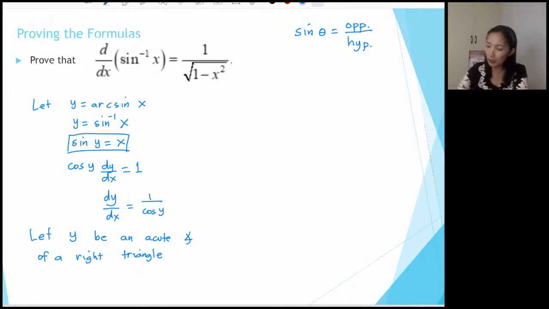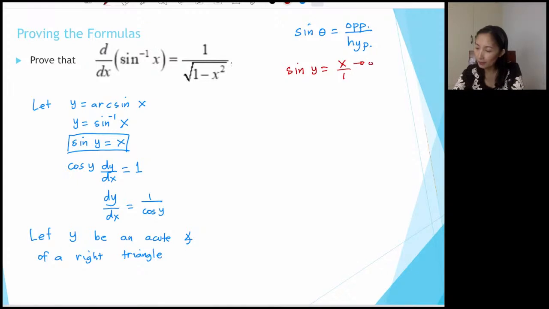And this is our reference. So, sine y is equal to x. But I could express x as x over 1. Which means this is my opposite side with respect to the angle y, and this is the hypotenuse.